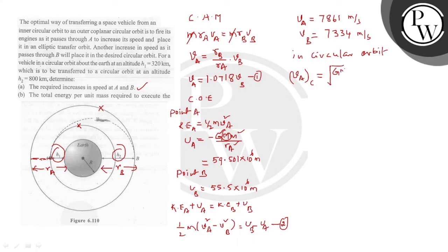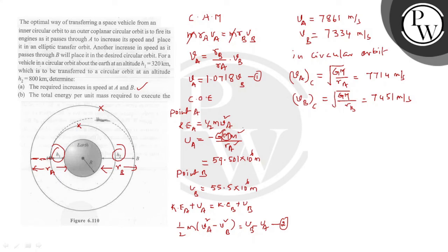If I substitute the values, it is 7714 meter per second. In a similar way, VB at C is equal to the square root of GM upon RB, which is 7451 meter per second.